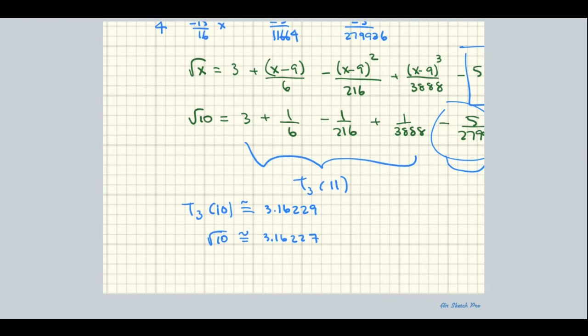Okay, this one right, because I want to know how far my estimate is off. And I'm going to show in just a sec. Let's go ahead and do this, okay? How far was my actual error? What was my actual error? My error is the difference between those two.